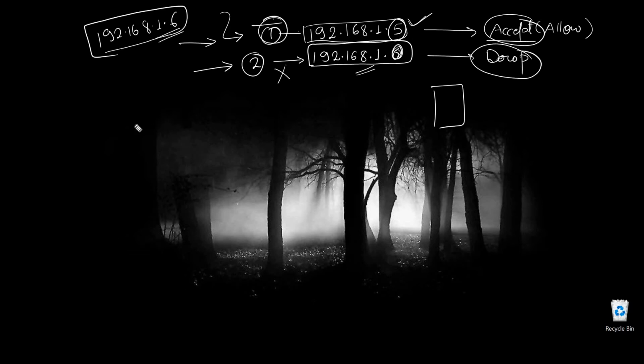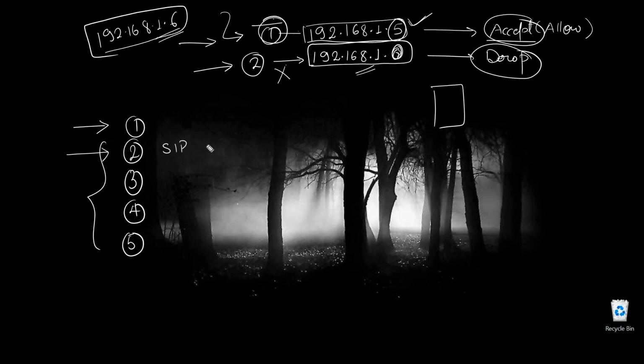So the thing is that whenever we are having multiple rules, 1, 2, 3, 4, 5, whenever the match is from the above rule, the remaining rules are not being checked. Let's suppose you have a rule that a specific IP address is to be dropped, right?